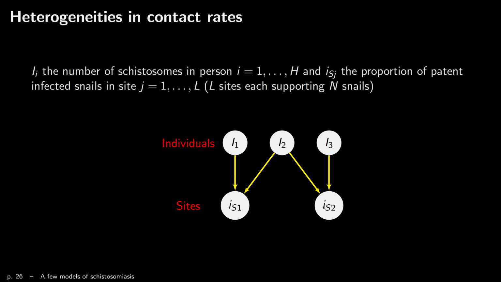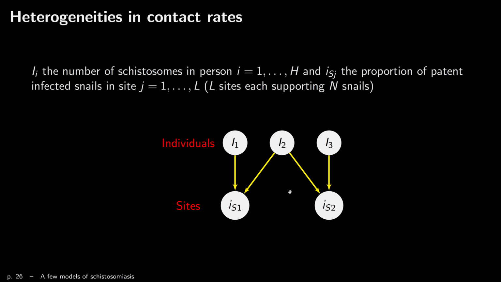And the idea is that some individuals might make exclusive use of one site. Okay, I1 and I3 here are using respectively S1 and S2, but some individuals might move between sites.